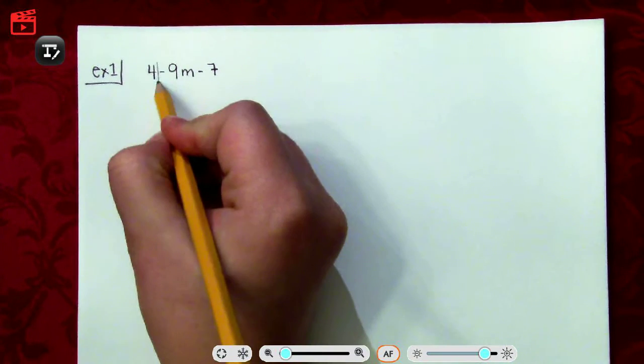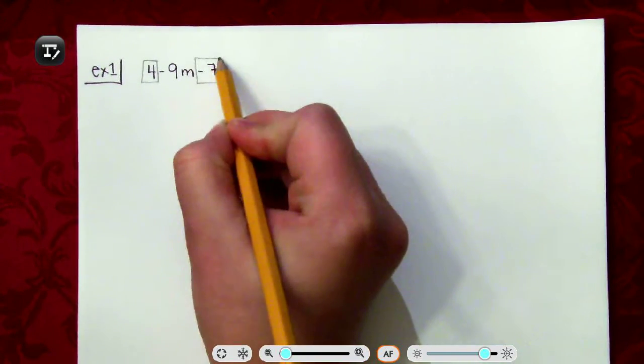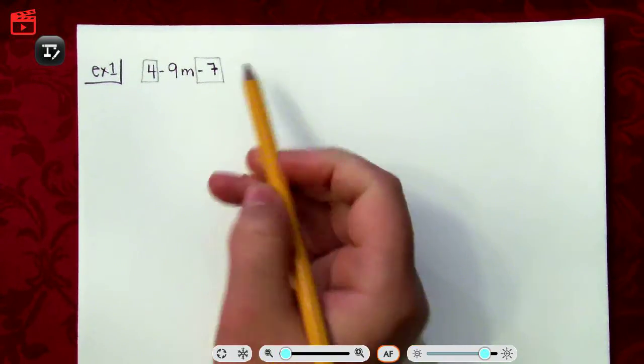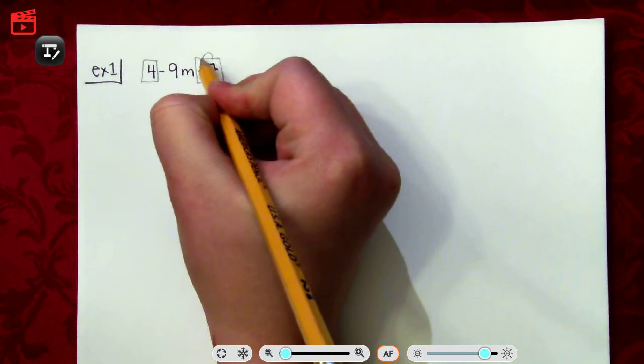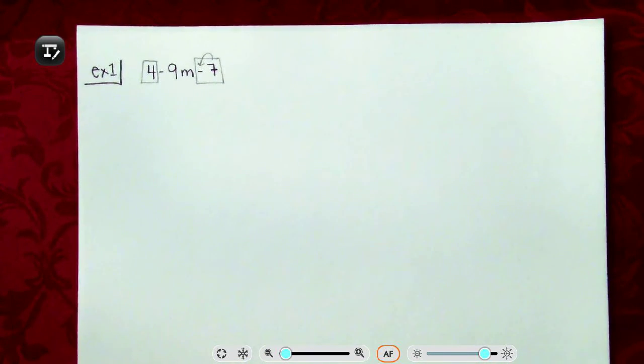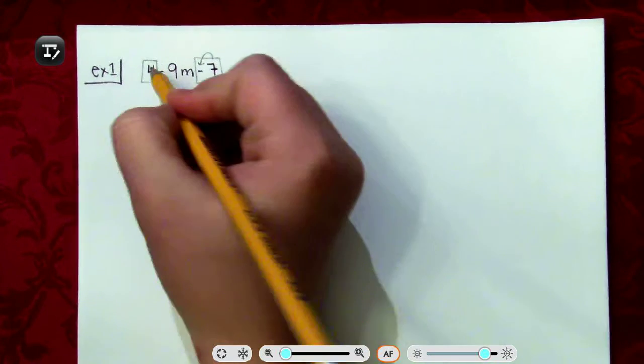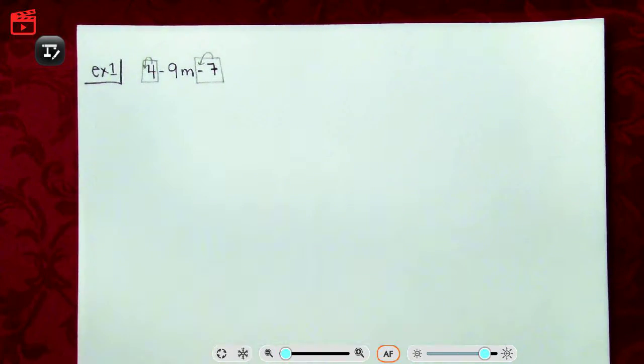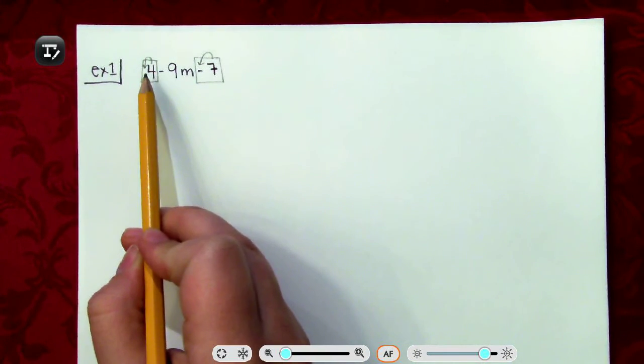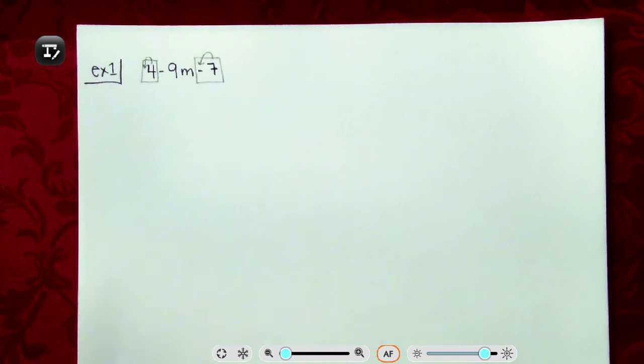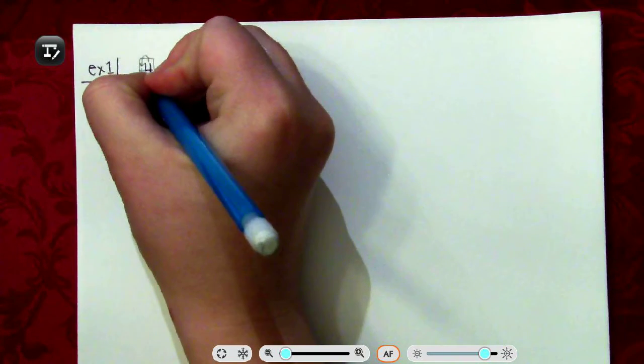So for example, I have a 4 and I have a -7. Now, notice that I took the sign in front of my number. Now this doesn't really have a sign in front of 4, but that's because mathematicians are secretly very lazy and they don't want to write a plus here.